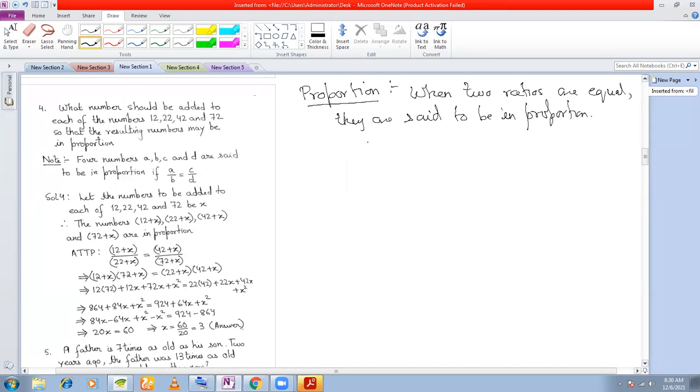Let's say A is to B is equal to C is to D, right? These two ratios are equal. That is, we also write this as A by B is equal to C by D. Then we say that A, B, C, D are in proportion.